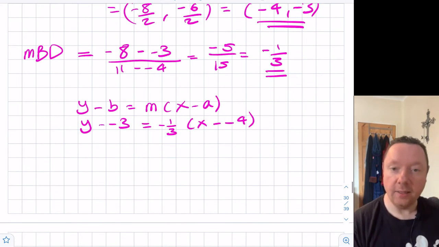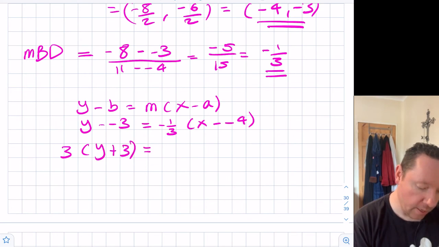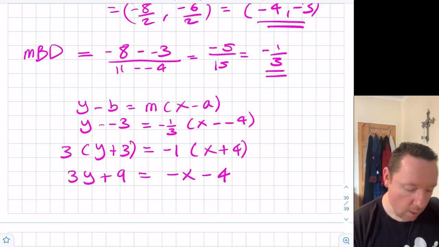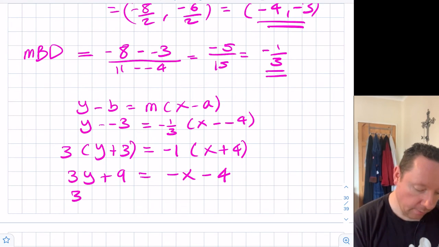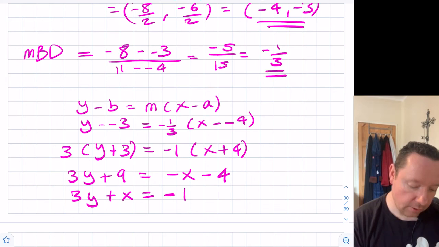Multiplying through by 3, we get 3(y plus 3) equals -1(x plus 4), or 3y plus 9 equals -x minus 4, or 3y plus x equals, taking the 9 over to the other side, -13.